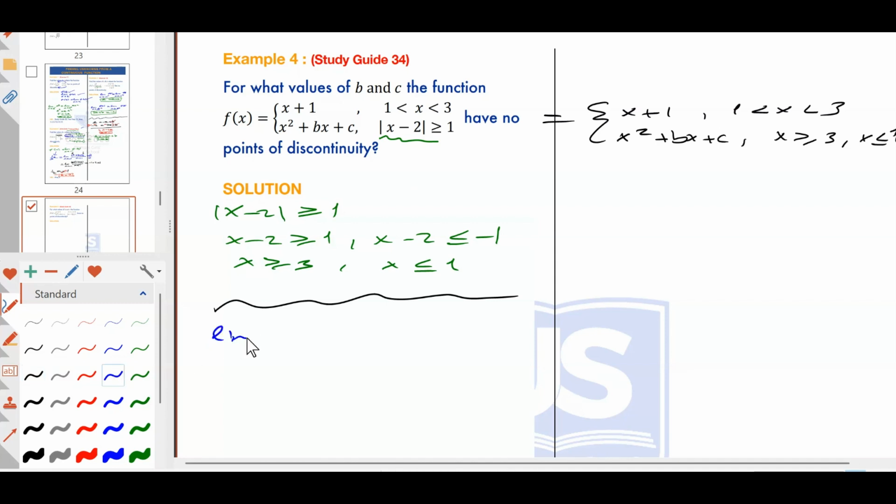Like limit as x approaches 1 from the left, whose function is x plus 1, is supposed to be equal to limit as x approaches 1 from the right.